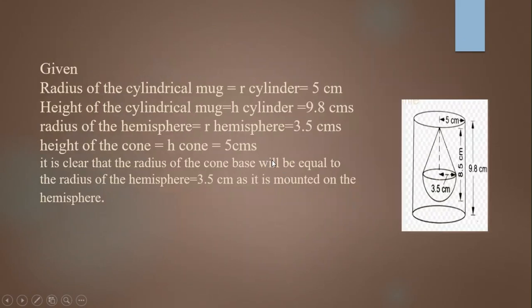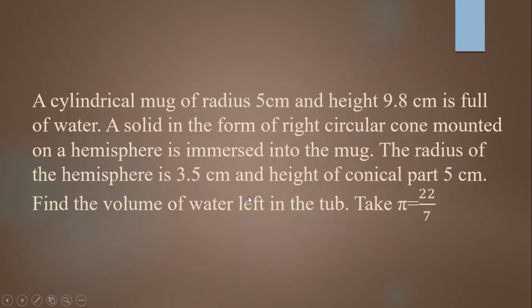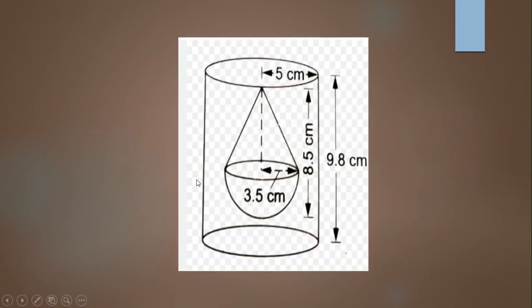The radius of the hemisphere is 3.5 centimeters. These three things are given, and we need to find the volume of the water left in the cylindrical mug after this particular solid has been immersed.